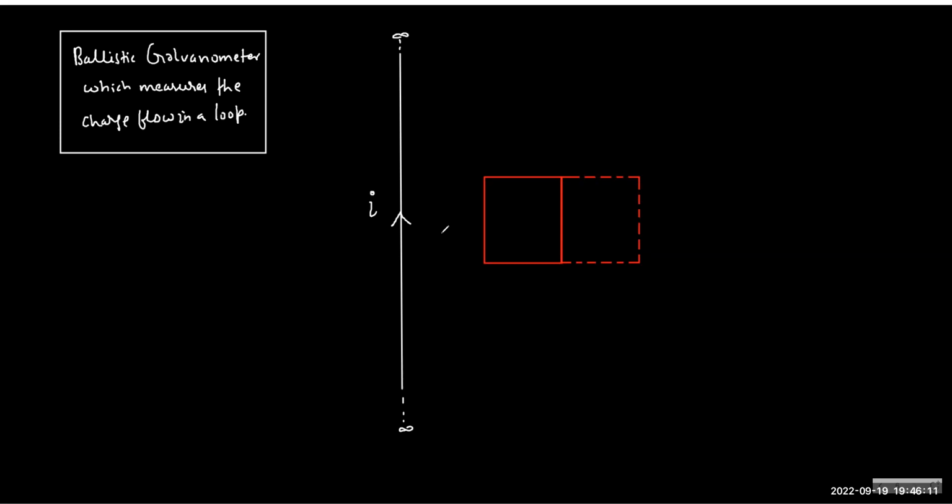In the beginning, the loop was located like this, as you can see. Let's call the distance A. Let's say the loop is also a square loop. And now about one of its edges, the loop is flipped. So we are flipping by turning 180 degrees, right?